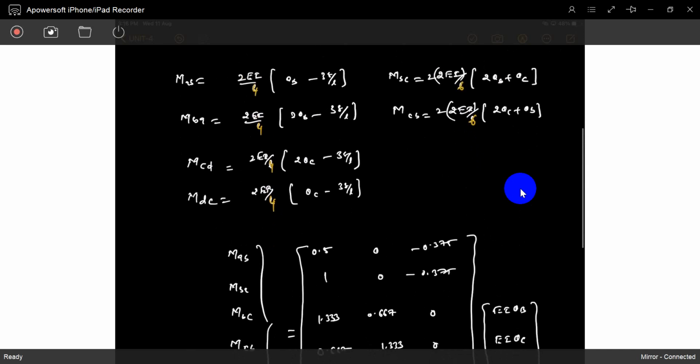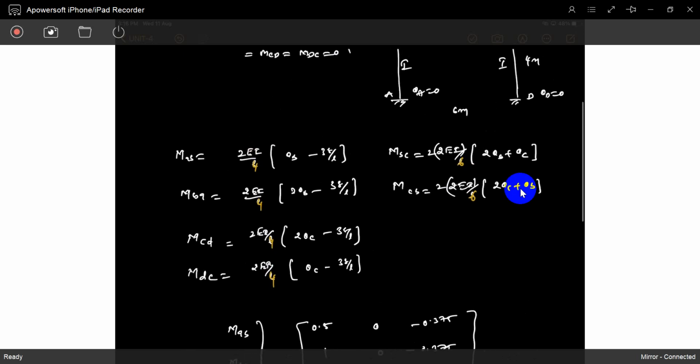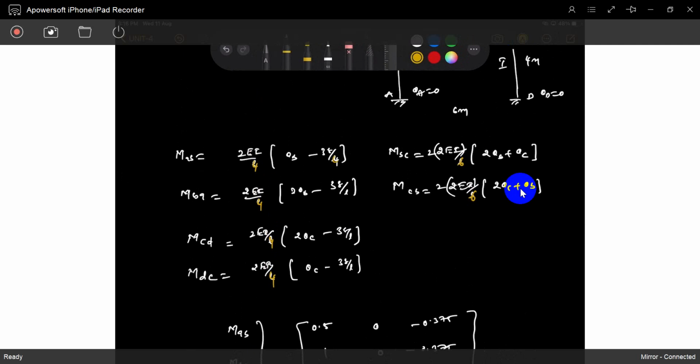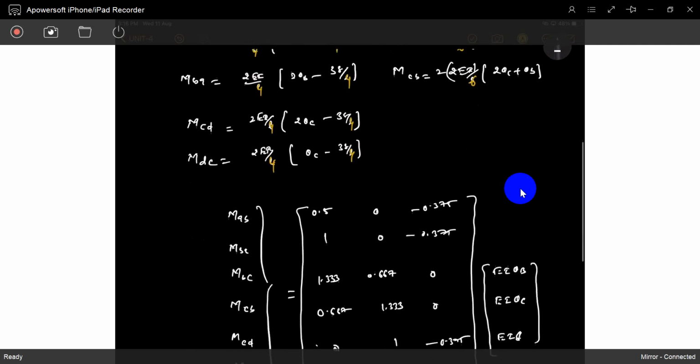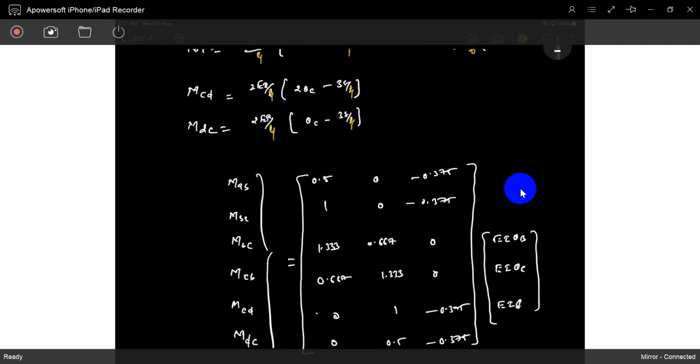See it: MAB is 2 by 4, that is 0.5, 0.5 theta B. So 0.5 into 3, multiply with 3, how much is it? 3 by 4 is 0.75, where 1 by 2 is multiplied with this L, and L is also 4. Directly write it into matrix form; for visualization you will get more idea.